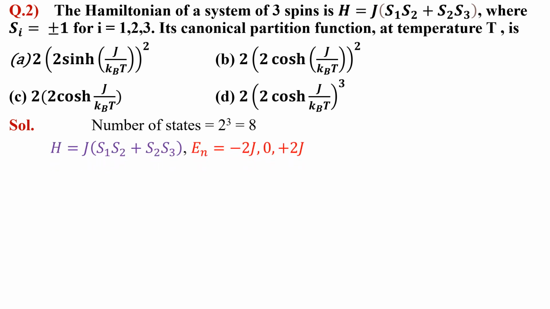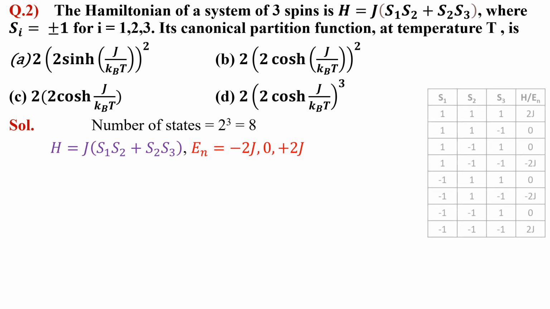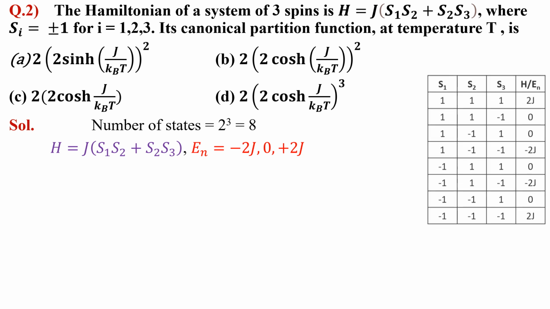The energy eigenvalues of the system are minus 2J, 0, and plus 2J. The minus 2J eigenvalue has degeneracy 2, the 0 eigenvalue has degeneracy 4, and the plus 2J eigenvalue has degeneracy 2. You can see this in the table.